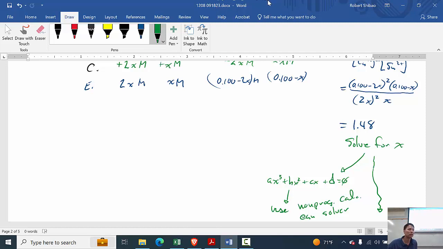Have you solved a fourth order or a fifth order or sixth order? We're going to have probably the most difficult one might be a sixth or seventh order polynomial equation like this. Can you solve that? Probably not. I can't.